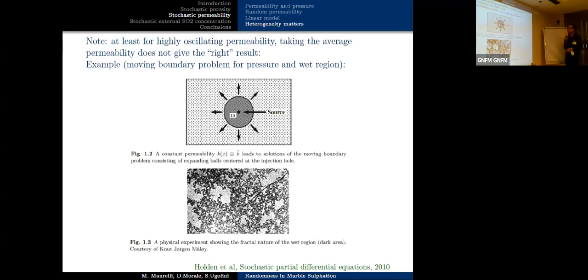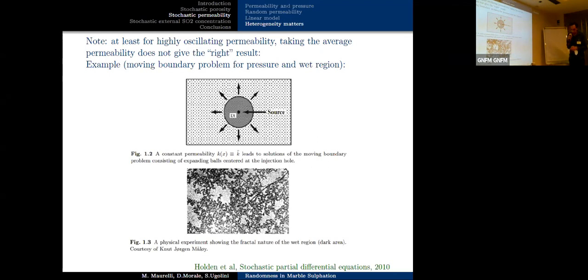But this is not what you see in experiments, where you have a non-constant permeability, and the picture is completely different here. This is quite statistically unexpected, but just to say that if you take the average permeability, it does not give the right result in this context.